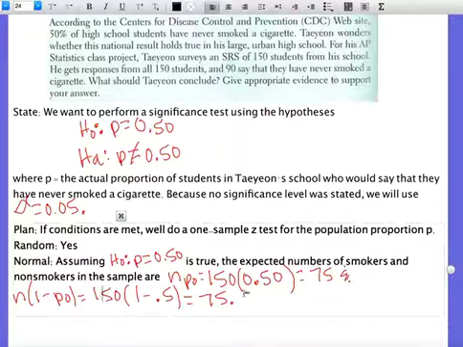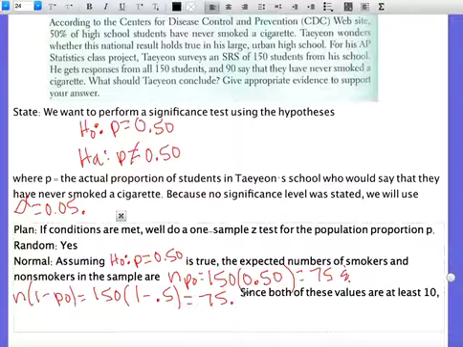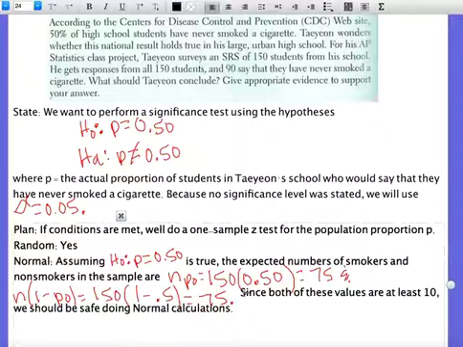Alright, so then when we say, since both of these values are at least 10, we should be safe doing normal calculations. So basically we should be safe to say we think it's normal from here on out.